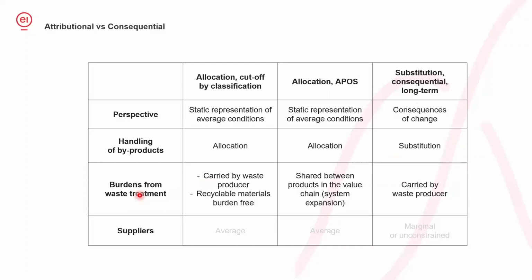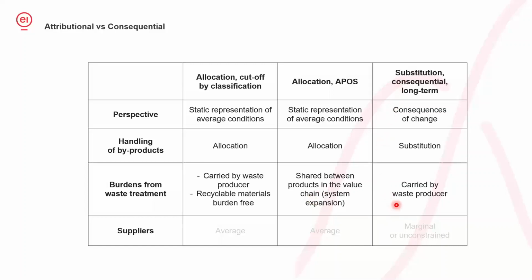Now about the burdens. In the cutoff, there is a polluter pays principle. The waste producer bears the burdens of treating the waste, and the recyclable materials come out burden-free. In APOS, the burdens are shared between products in the value chain. We have a system expansion, and all valuable products in a value chain will get part of the burdens.